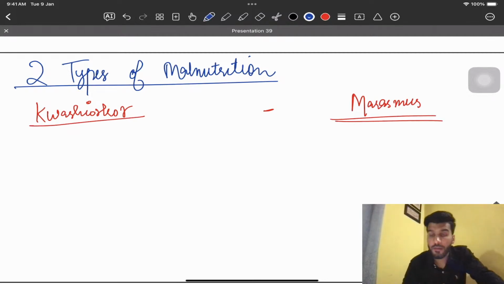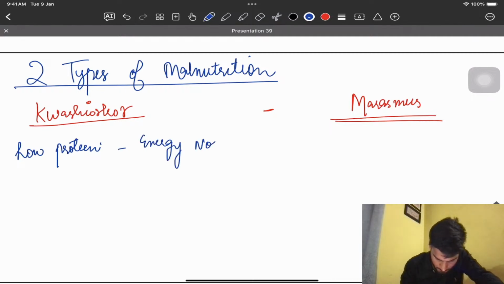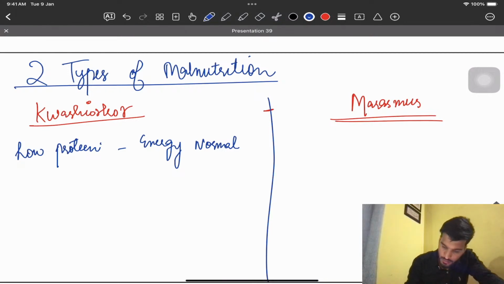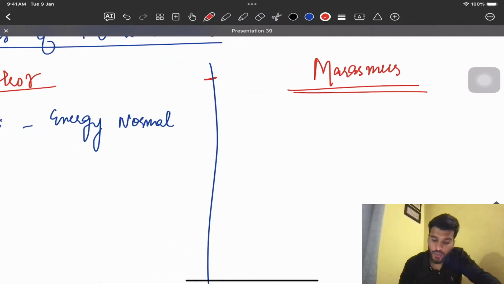Kwashiorkor and marasmus. If I talk about Kwashiorkor, guys, there is low protein but energy is normal. But in case of marasmus, my dear students, it's low protein, low energy.